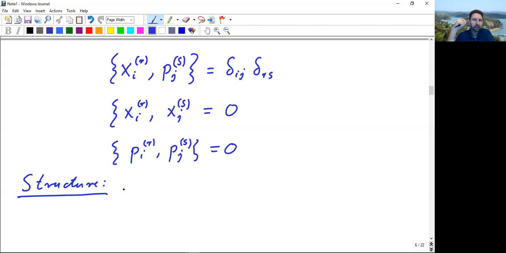A structure like that, where we have additivity as in a vector space, namely polynomials can be added with prefactors, so they form a vector space. And we have the ordinary multiplication of polynomials on top of the Poisson multiplication. Such a structure has a name. It's a Poisson algebra.